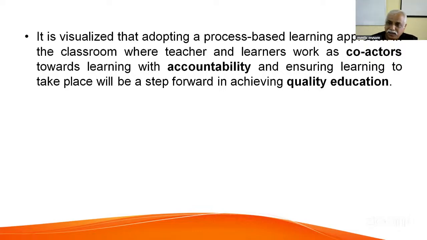Okay, if your process is assured, then your product is guaranteed. Therefore, assurance in the process activity itself is more important, so you have to adopt that. It even says that teacher and learners should both work as co-learners, co-active participant partners. Both of us are learning in the same context, the same situation.